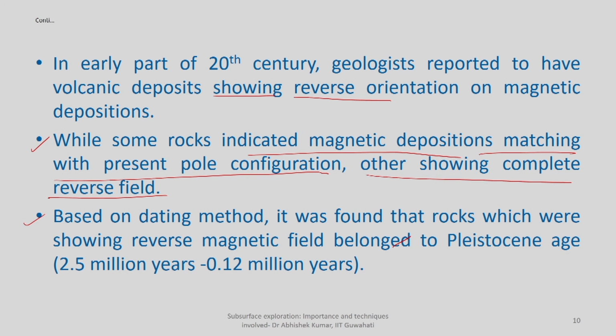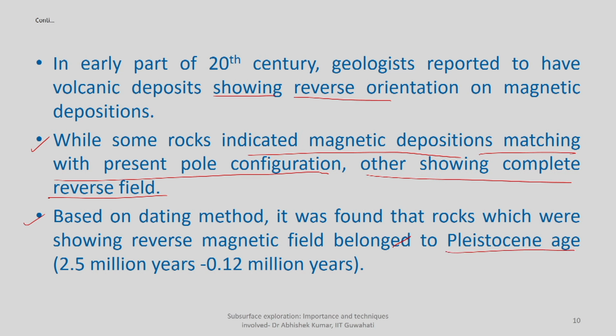Then you have the Mesozoic era, which is from 66 million years to 252 million years ago, and then the Paleozoic era, which is 252 million years ago to 541 million years ago, and so on. So, depending upon the time scale, the configuration of magnetic minerals may match the present configuration or may have been subjected to a reversal in the magnetic pole configuration.